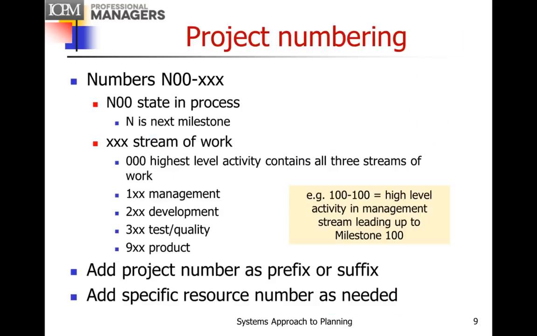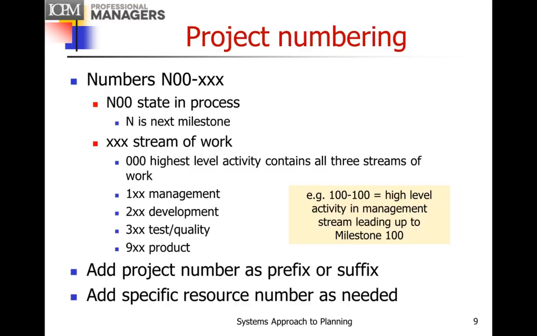Now, numbering. Traditional project management doesn't put any importance in the numbering. The systems approach uses the numbering to help you identify missing elements in the plan. So the format of the numbers is N00-XX, where N is the state in the process and N is the next milestone.